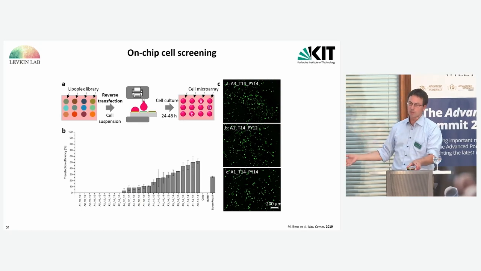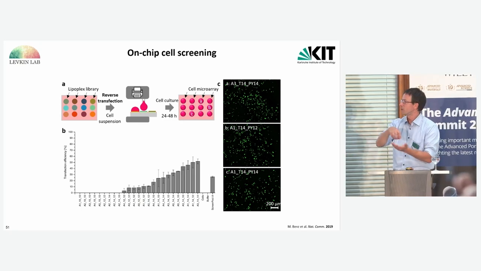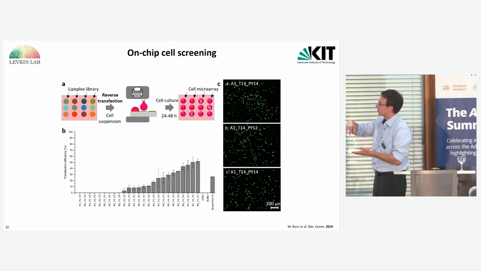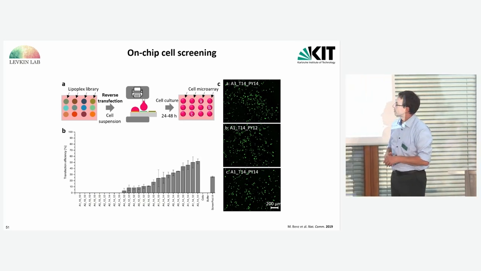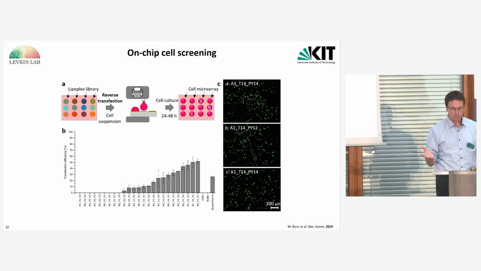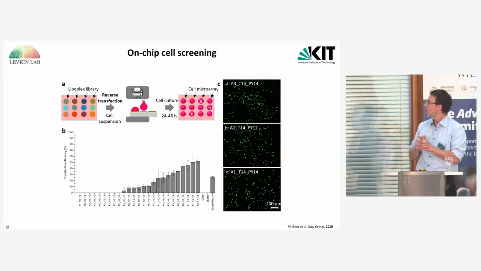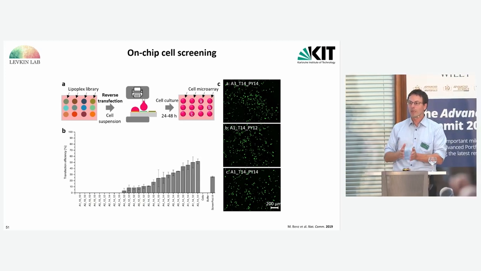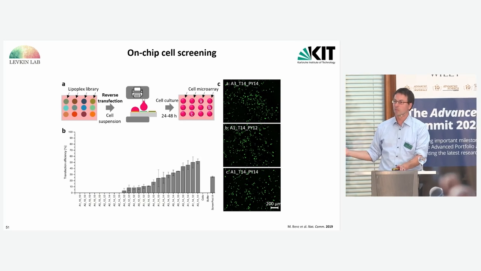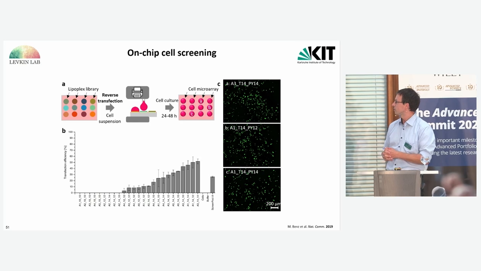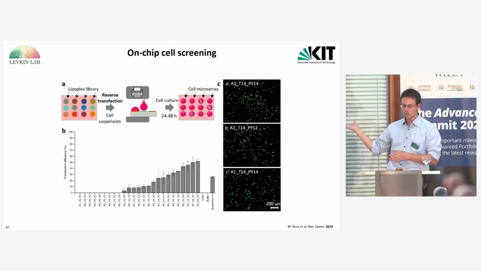And the last step was basically just printing cells onto these LNPs on the surface and then incubating this droplet microarray for one or two days and then analyzing by fluorescence microscopy the number of transfected cells that express GFP and comparing to a control.